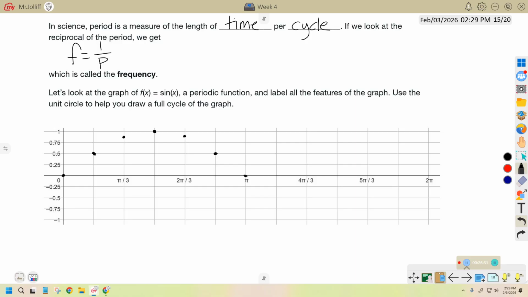And I know at pi I should be back at 0 because that's exactly across from 0. And then starting at pi, it repeats that pattern, but now the numbers are negative. So it's repeating this pattern, but downward. So 1/2, 0.86-ish, 1, 0.86-ish, 1/2, 0.